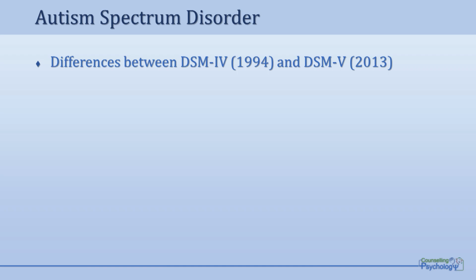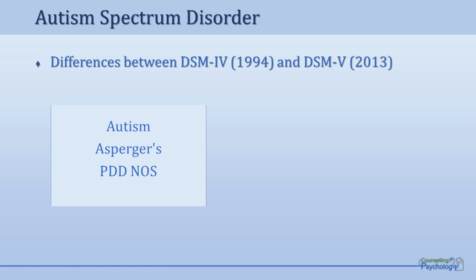Now we are going to learn and get an overview about ASD or Autism Spectrum Disorder, as it is now called. According to the Diagnostic and Statistical Manual of Mental Disorders, the 4th edition or DSM-4, which was published in 1994, the classification mentioned autism, Asperger's syndrome and pervasive developmental disorder or PDD separately.